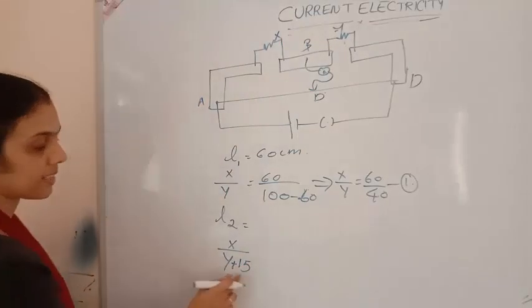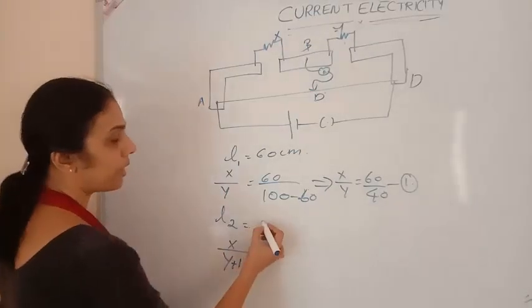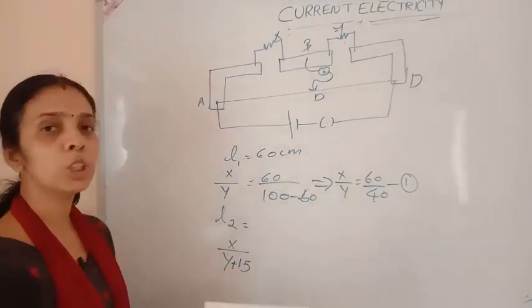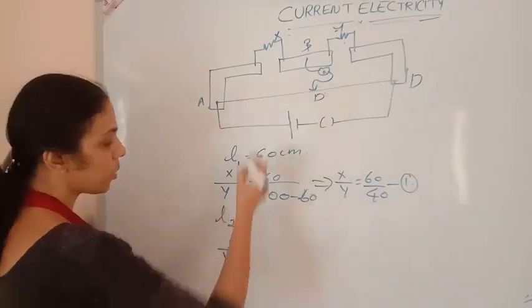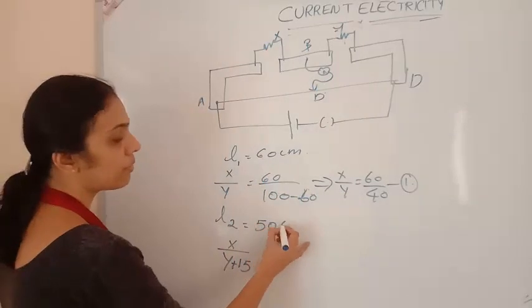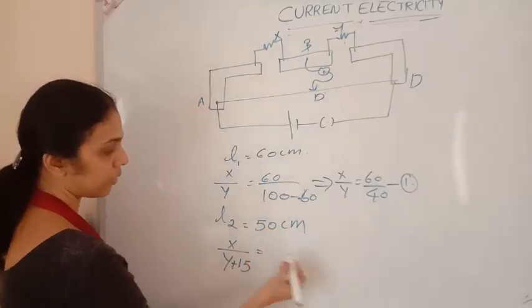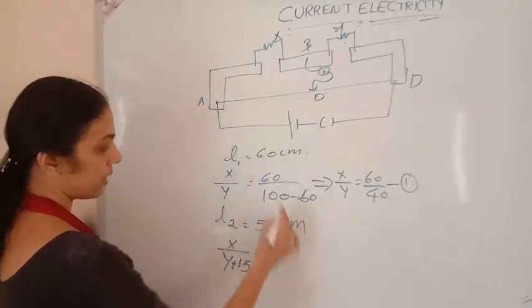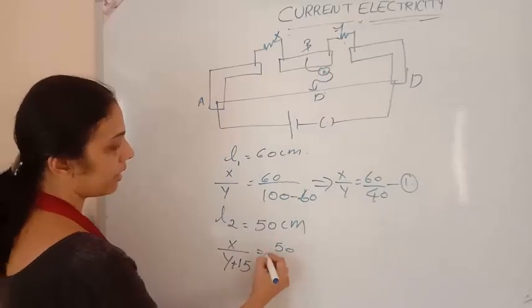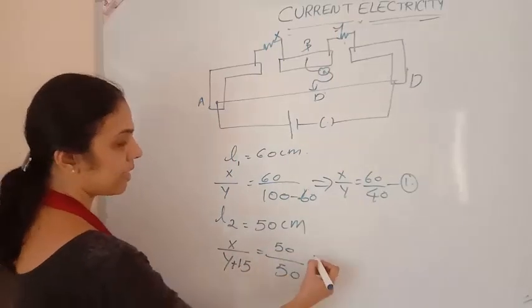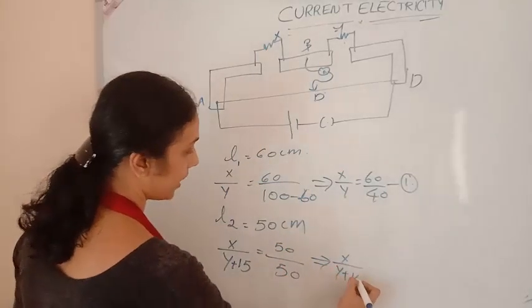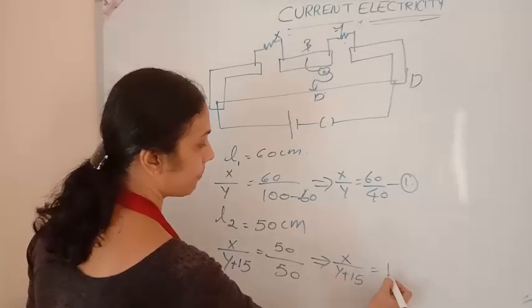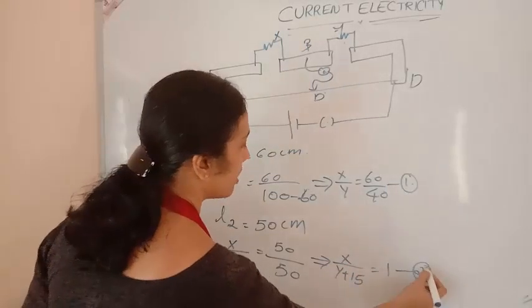Now it is shifting 10 centimeter towards end A. So what is L1 here? 50 centimeter. What is L2 here? 50. 50 divided by 50. So we are getting X by (Y plus 15) equals 1. This is equation number 2.